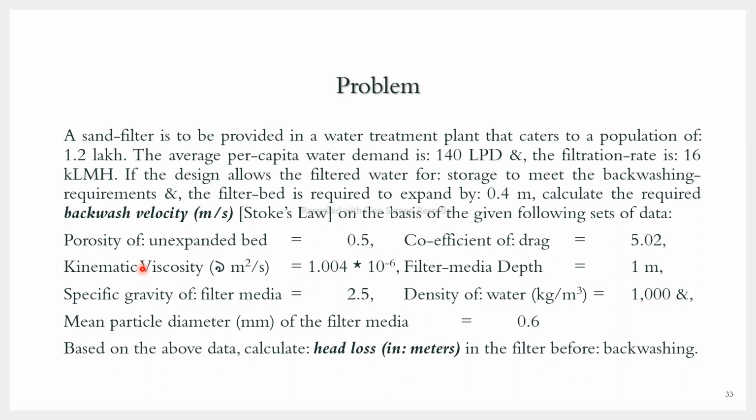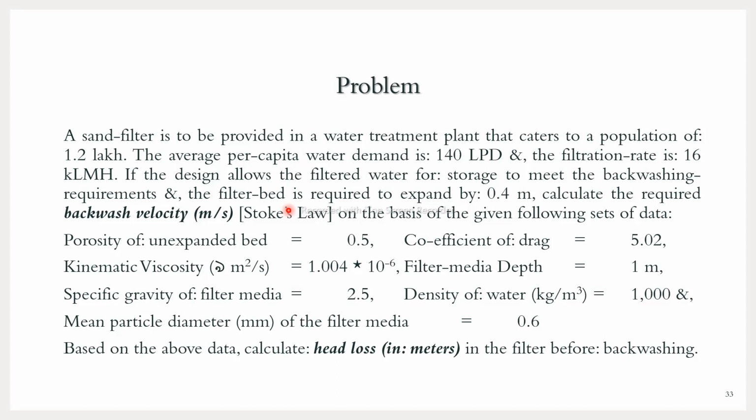Then again you have to check whether that Reynolds number is falling under the Stokes law regime or not. Stokes law regime means the laminar flow regime. If it is not falling in that region, then you have to use the formula dedicated for the turbulent or transitional flow, whichever regime is there.